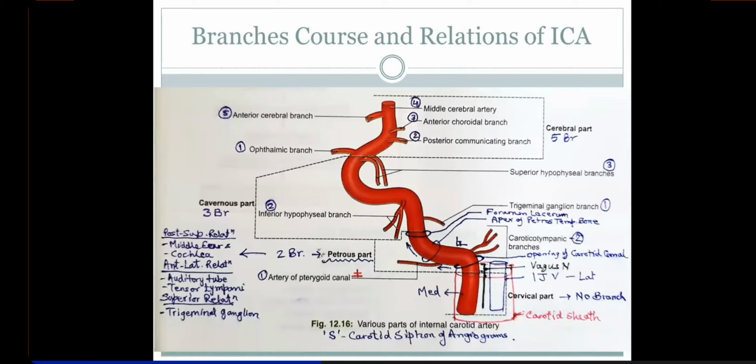This is an unofficial thing I'm telling, just to remember, because the artery supplies the brain, it needs more protection, so it is more protected and more medial in position. So in the carotid sheath, the artery is medial and the vein is lateral.